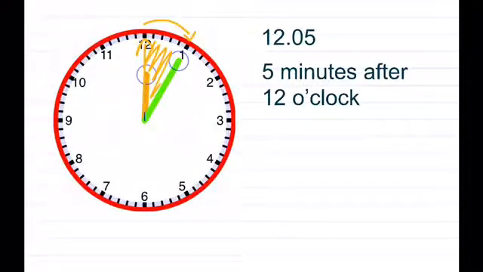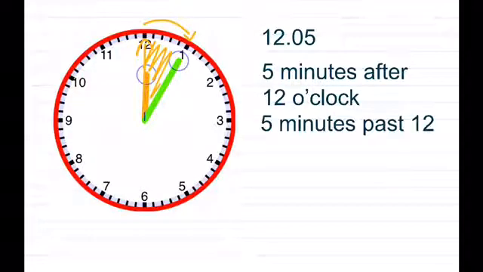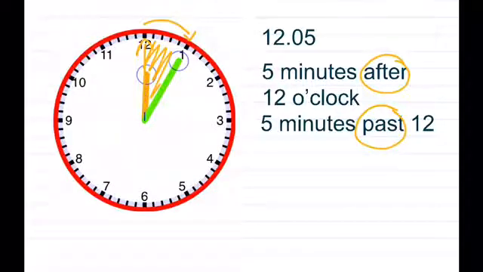Think of another way on how we can express 12:05. You can also say that 12:05 is the same as 5 minutes past 12. Again, notice how the terms past and after are being used as the minute hand moves from 12 going to 1, following a clockwise direction.